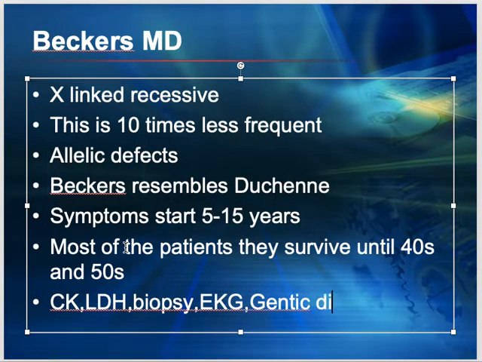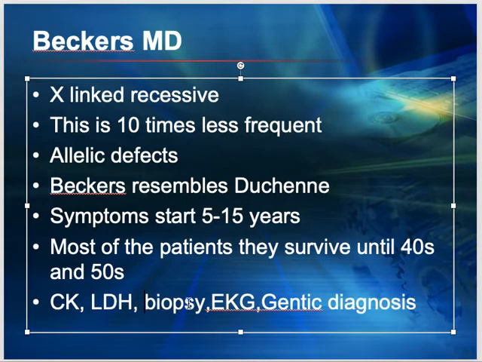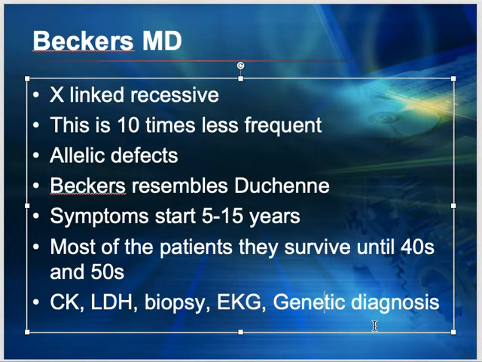Everything will be the same. There'll be no difference, guys. But simply in one there is no dystrophin, and in the second there is a little dystrophin. So this is the only difference between these two. So D for dangerous, D for Duchenne, right? Rest everything will be the same. Even the treatment will be the same. So this is how they present.